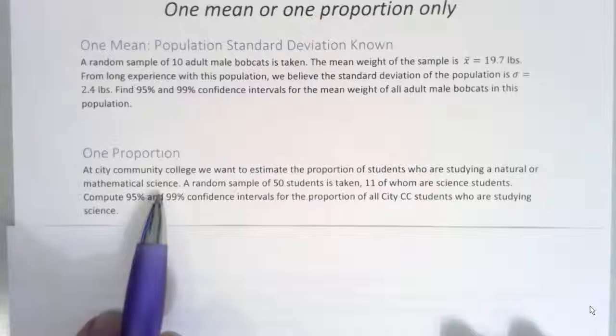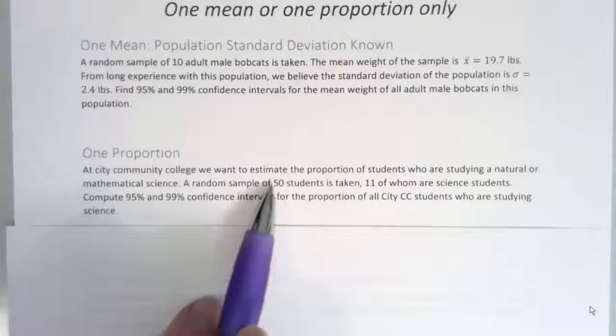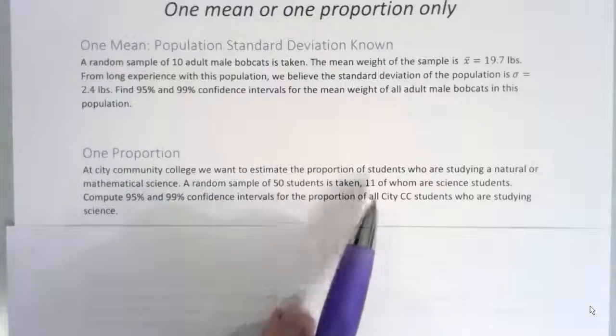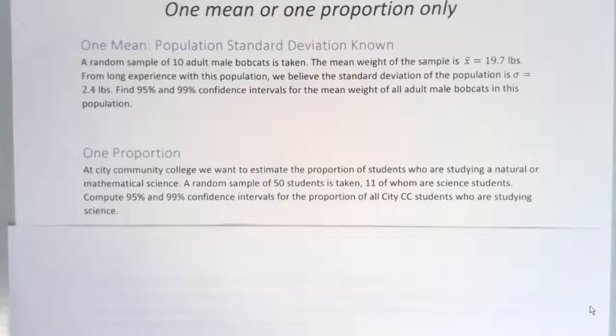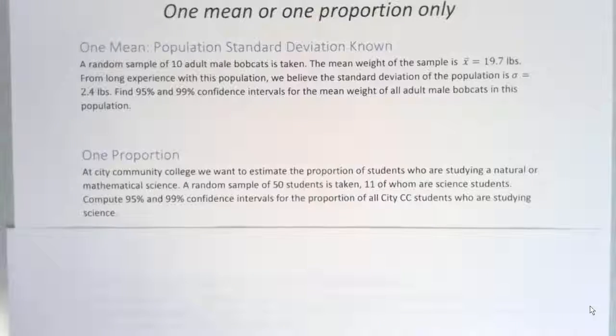What we're doing is counting. We count and discover that we have sampled 50 students. We look at the students, we search for the characteristic of whether they are or are not a science student. We find that 11 of the 50 are science students. So with proportions, you're working with counts. With means, you're working with measurements.